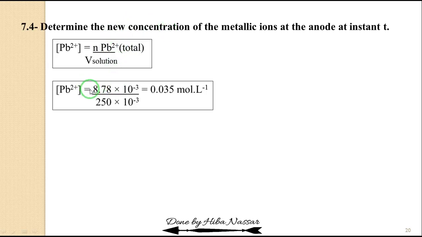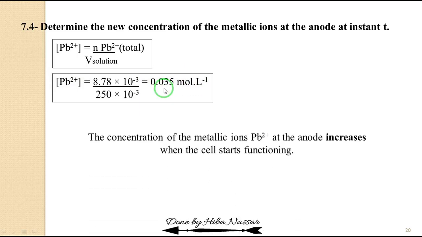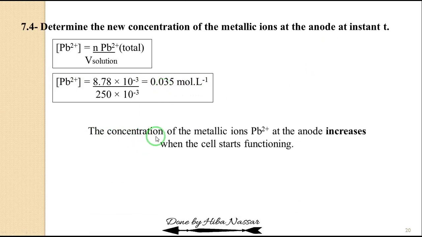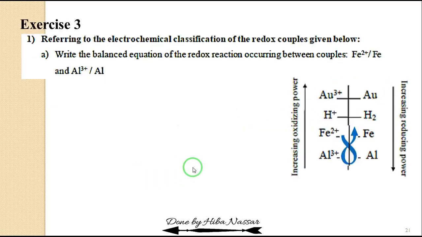So we have 8.78 times 10 to the power minus 3 mole divided by the volume of the solution, the only volume 250 milliliter times 10 to the power minus 3. So you will find that the new concentration will be 0.035 mole per liter. So the concentration increased. We can say that the concentration of the metallic ions Pb2+ at the anode increases when the cell starts functioning.